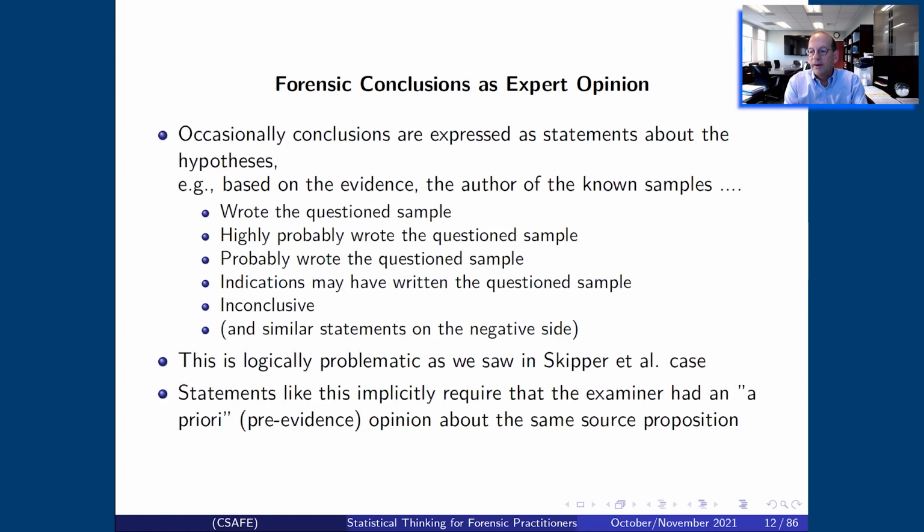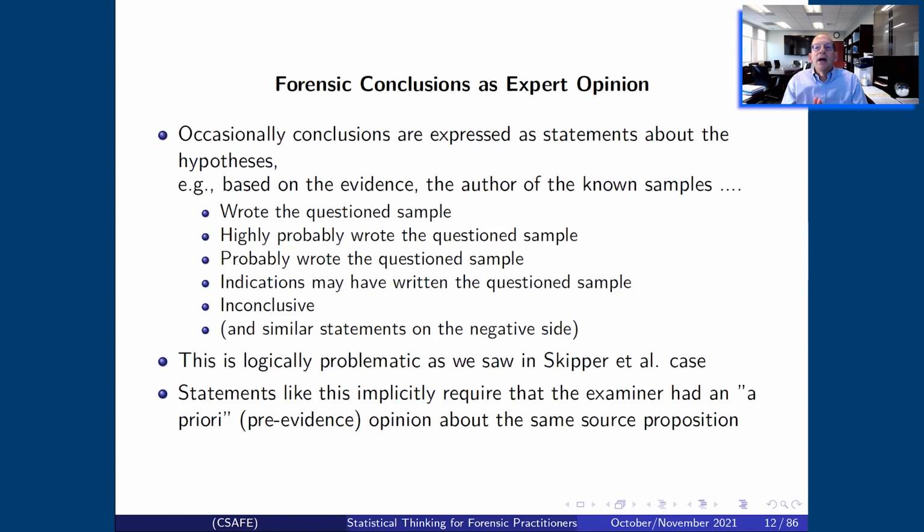For those who were here back 3 weeks ago on the probability discussion, these kinds of statements themselves are logically problematic because they are talking about the hypothesis rather than the evidence. And I've tried to convey over the last two sessions that it's easy to think about probability being assigned to the measurements we make on the evidence or the features we see on the evidence.